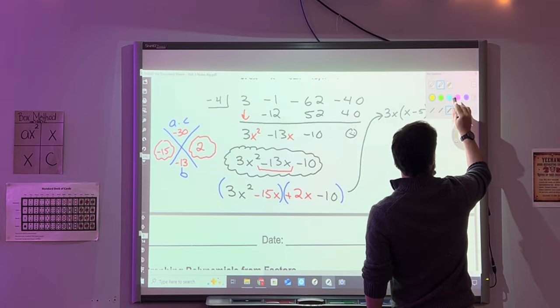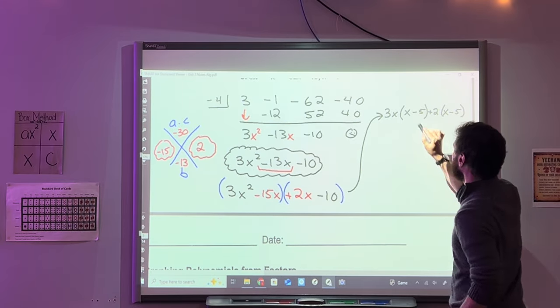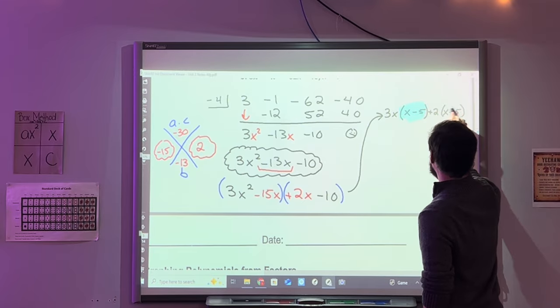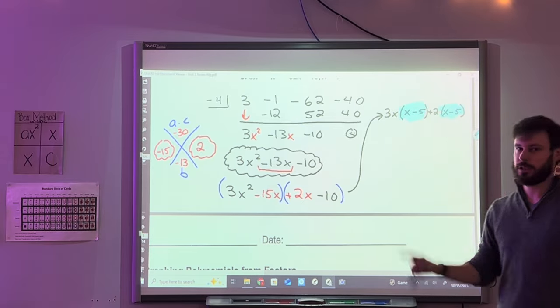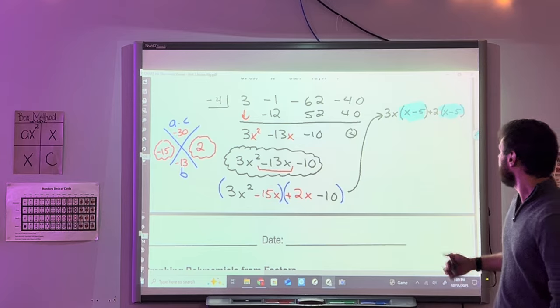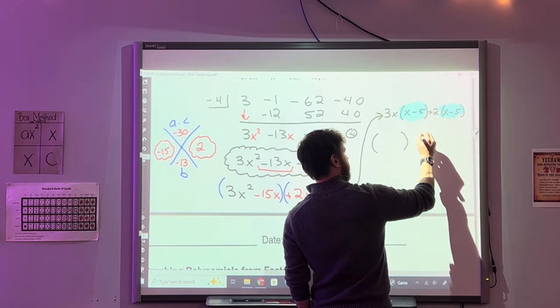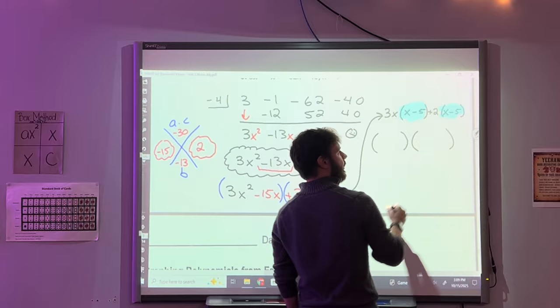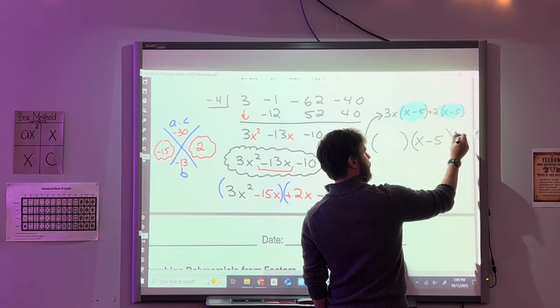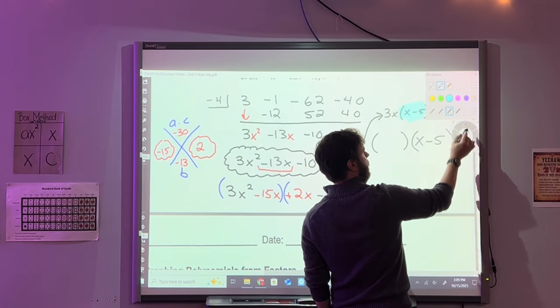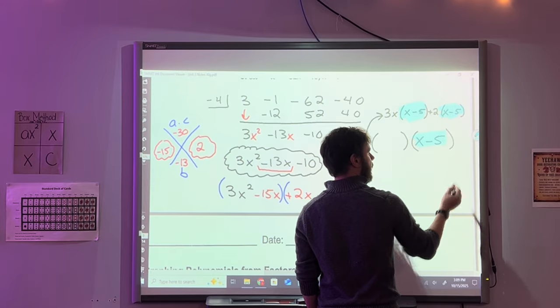Quick check. If I did this correctly, my bubbles here are going to match. They do. Good. So my final answer is going to be one of the things I have 2 of. Just one of those things. I'm going to have it one time.